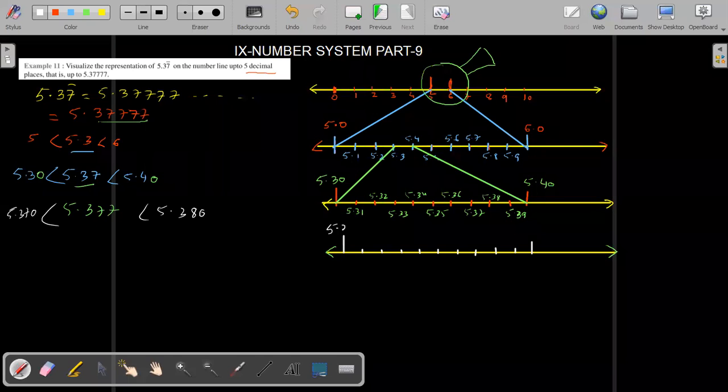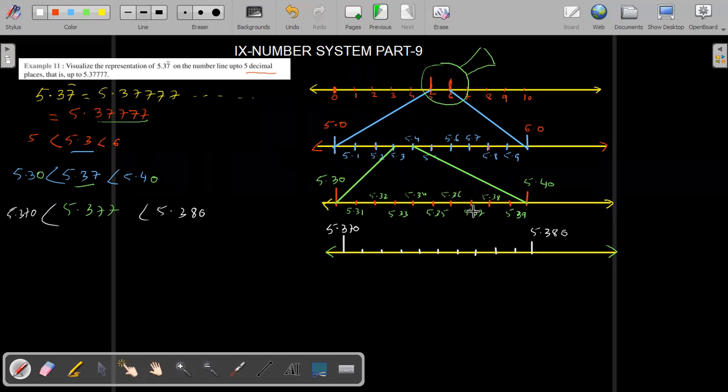Then every time we are increasing one 0: 5.370, it can be written 5.380. And where is 5.37?